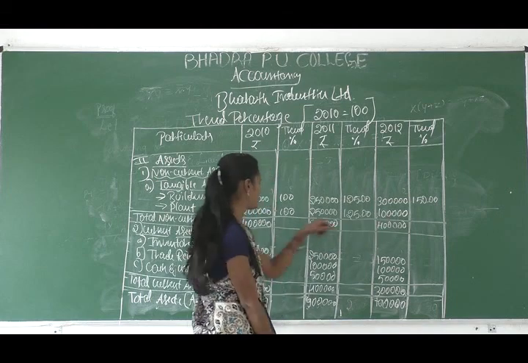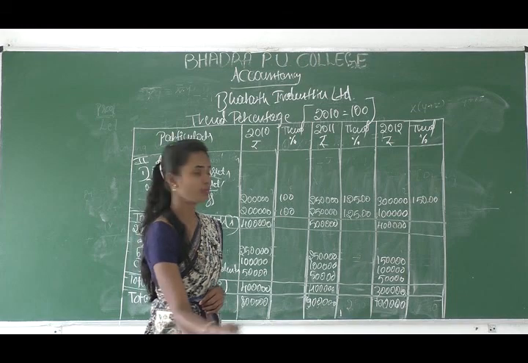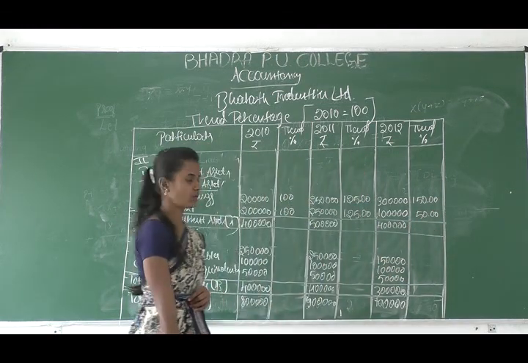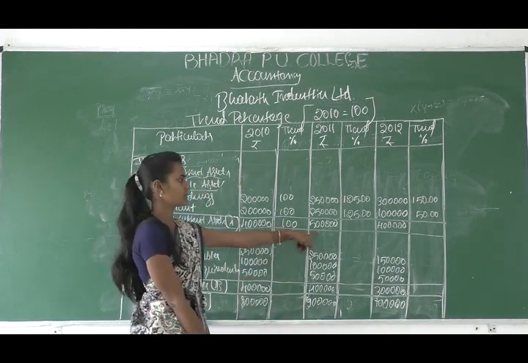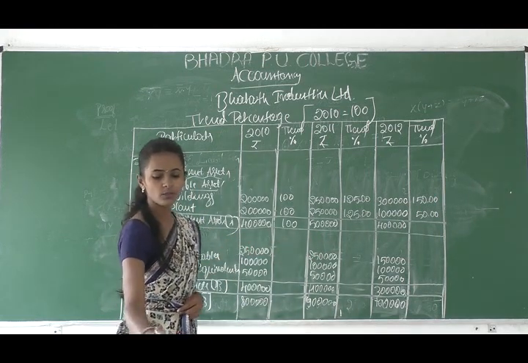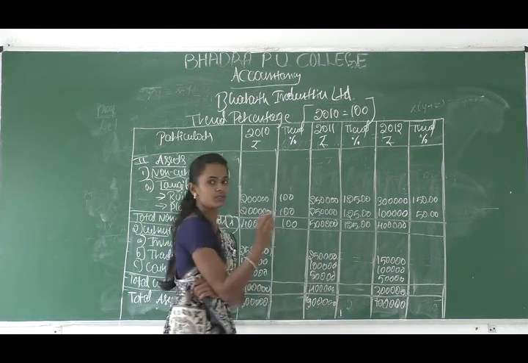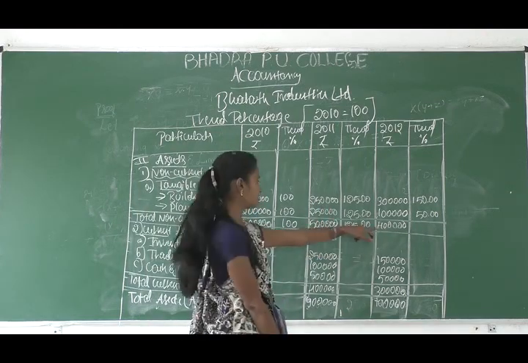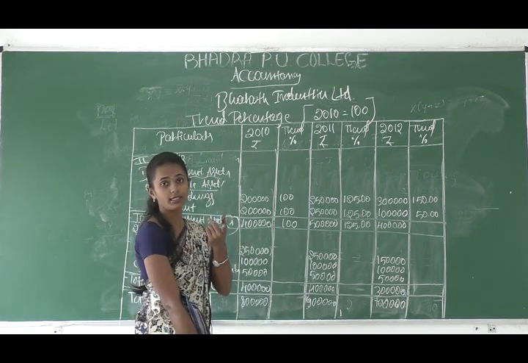Here it's 1 lakh divided by 2 lakh into 100, which gives 50%. Again here it's 100%, and here 5 lakh divided by 4 lakh into 100 gives 125%. In 2012 our total non-current asset is 4 lakh, so 4 lakh divided by 4 lakh into 100 gives 100%.